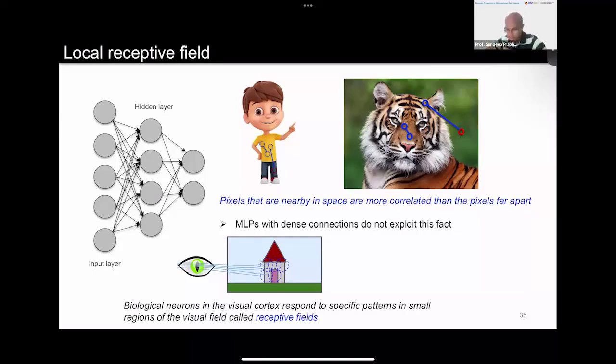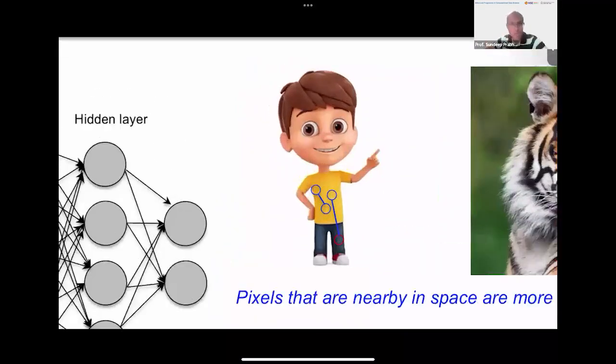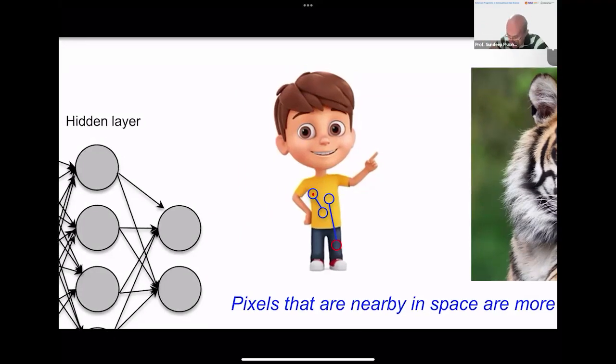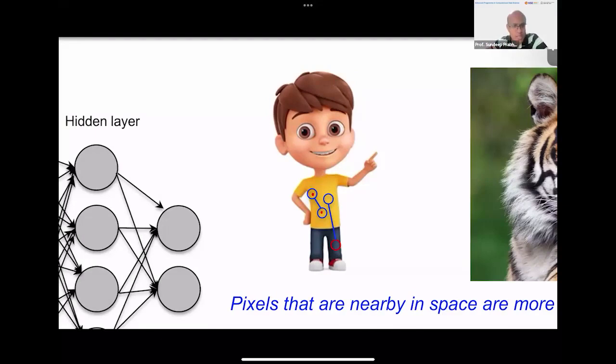If you look at any natural image, which could be this cartoon, which basically tells one very nice fact. If I look at locally any image, those pixels are correlated, right? So if I look at two pixels that are close by, nothing much changes. But as I move far away, there is some change that is happening. That is called as a local receptive field.